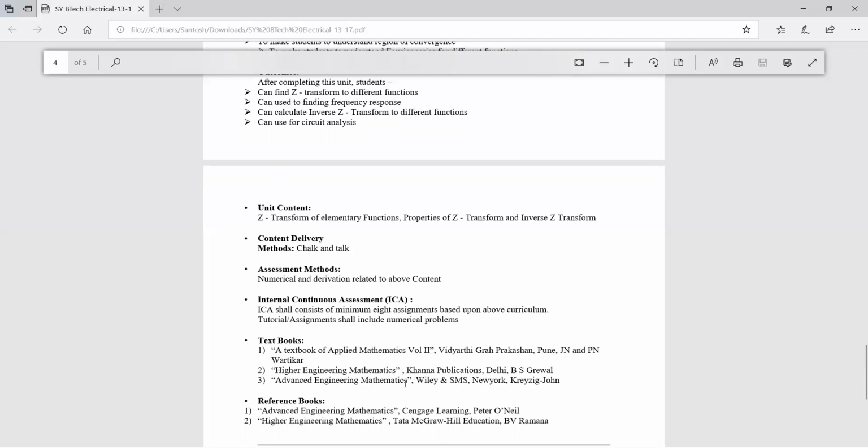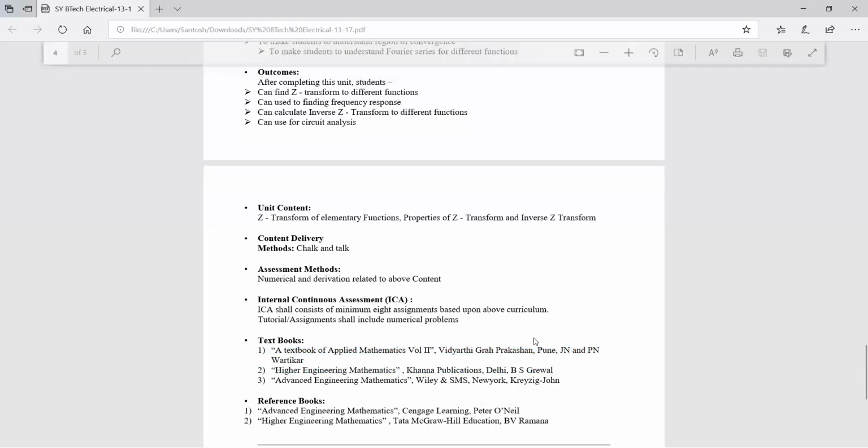According to me, students should use A Textbook of Applied Mathematics, Volume 2, by JN and PN Vartikar. It is a very good book and students can easily understand it.